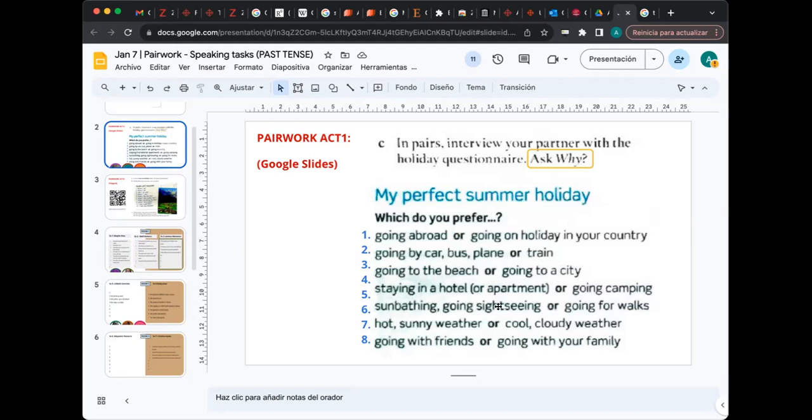Sightseeing means... I like tourism more. I learn new things.